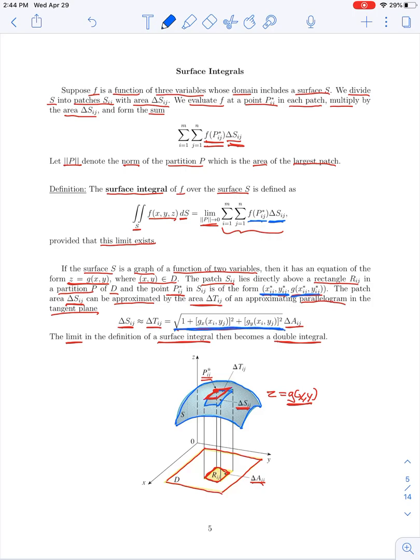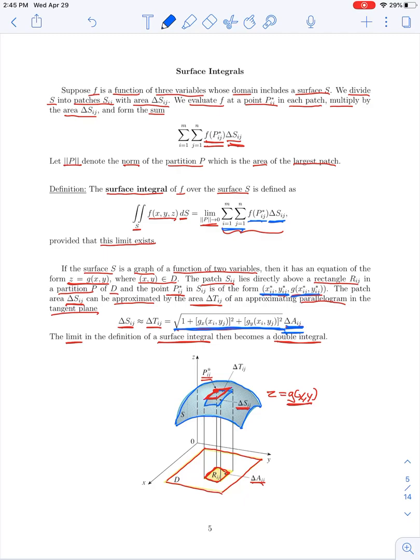The square root of 1 plus the sum of the partial derivatives of this g function squared times delta A sub ij. So adding over all ij values, we now have a limit of a double Riemann sum, which is in terms of delta A sub ij. That is with respect to area.